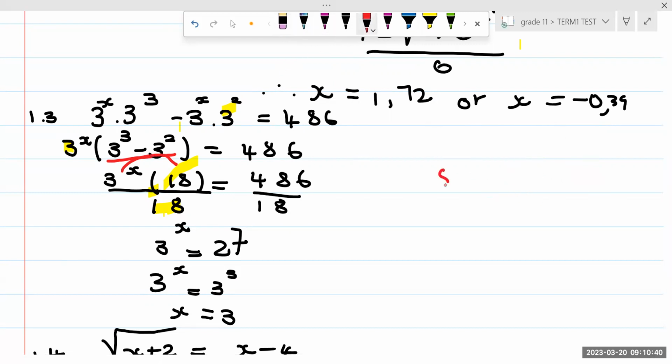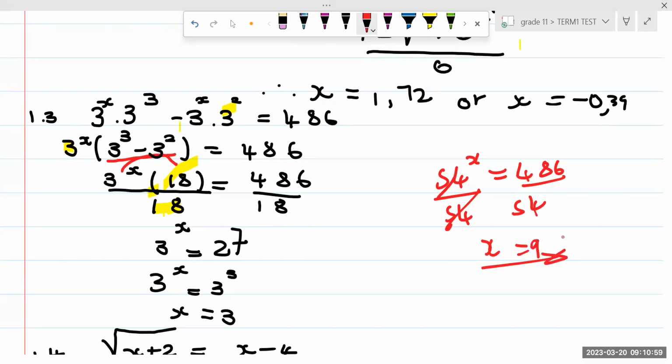And then from there onwards, they will say 54 divided by 54, and then this one and this one, what do you get? You get 9. Okay, so this is what I saw, number one.